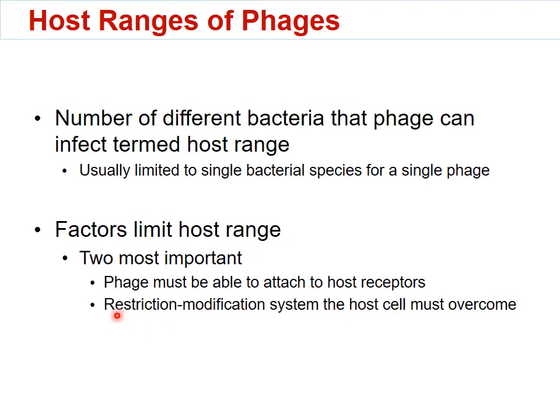And then I'll talk about one that I like, restriction modification systems that must be overcome. What I'm not going to talk about, and everybody talks about, is the CRISPR system of adaptive immunity for bacteriophage, and hopefully we get a chance to talk about that at a later time. That's a bit more involved.